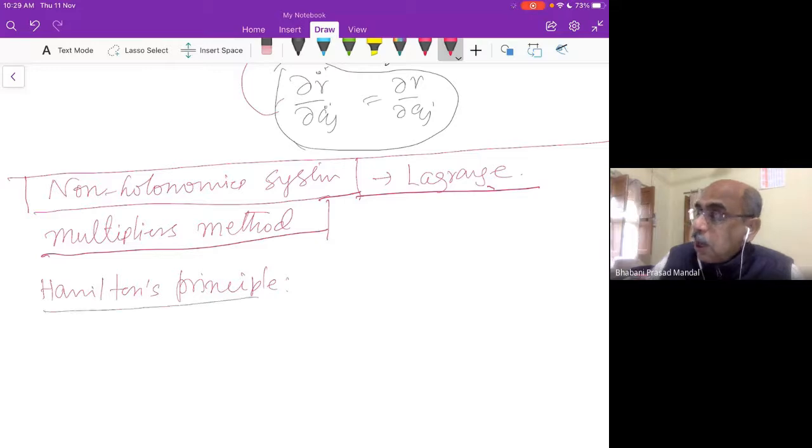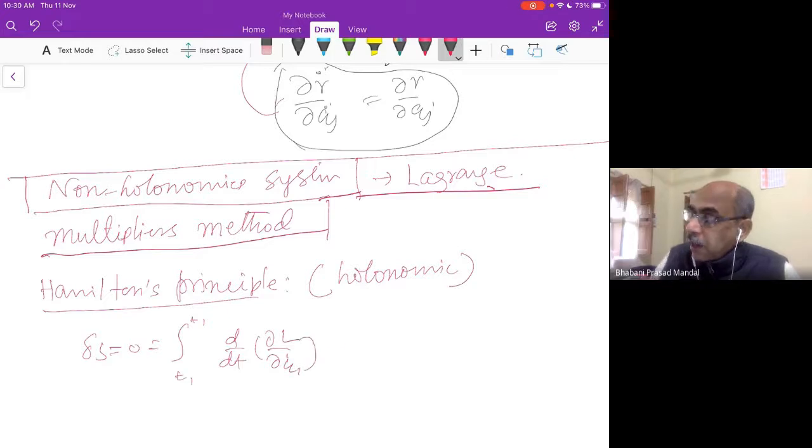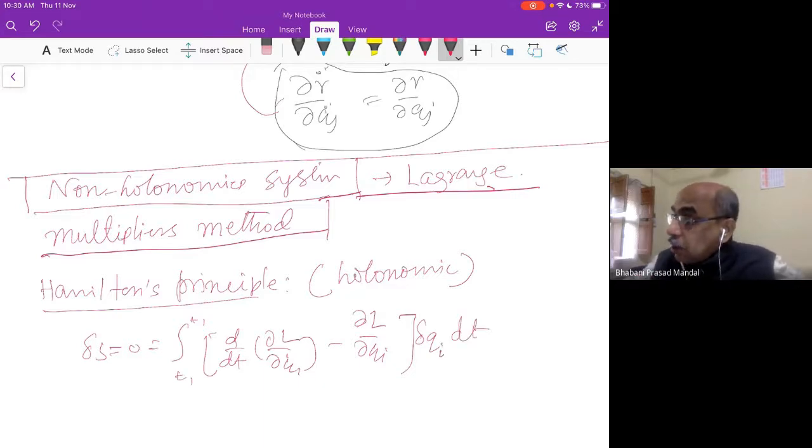Hamilton's principle we use for the holonomic situation. And if you remember in the derivation, when delta S equals 0, we had the integral from T1 to T2 of d/dt of ∂L/∂q̇_i minus ∂L/∂q_i, times delta q_i, dt. Now these q_i are all generalized coordinates and independent.